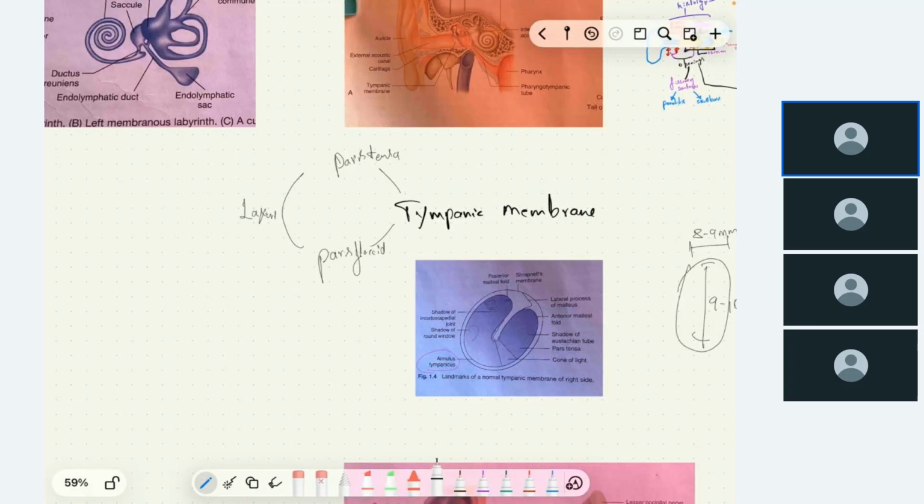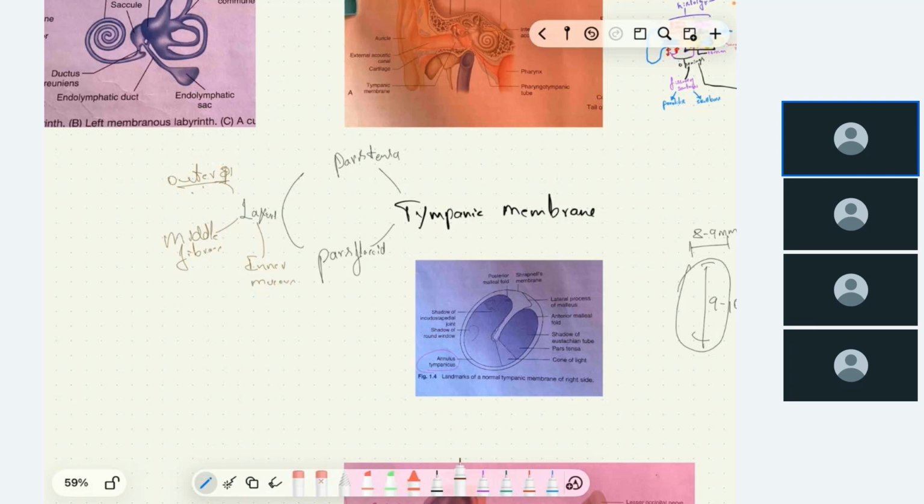Those are the outer epithelial layer, which is continuous with the skin lining the meatus, then the middle fibrous layer, followed by the inner mucosal layer, which is continuous with mucosa of middle ear.